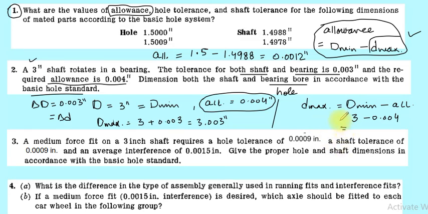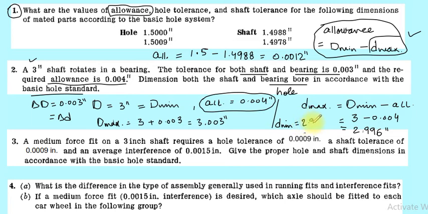So in the end, the answer for the shaft's maximum comes out to be 2.996 inches. Once we have the maximum value, in order to find the minimum value, all we have to do is subtract the tolerance from this value.